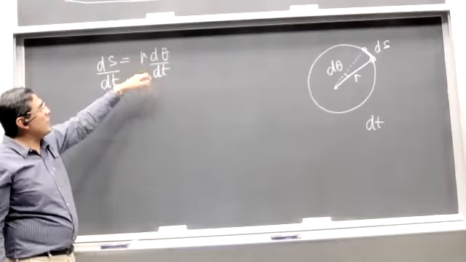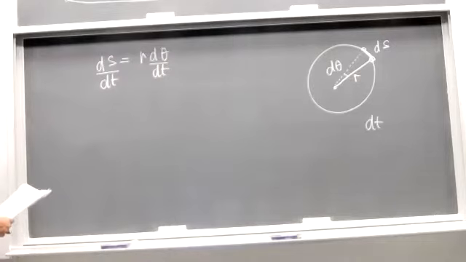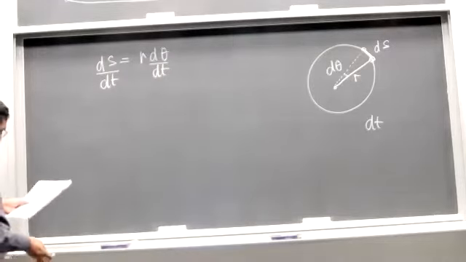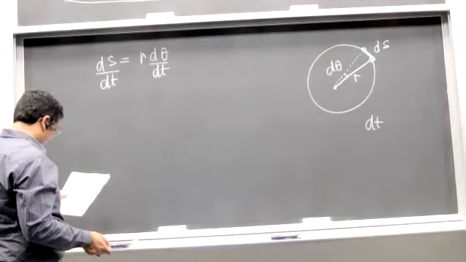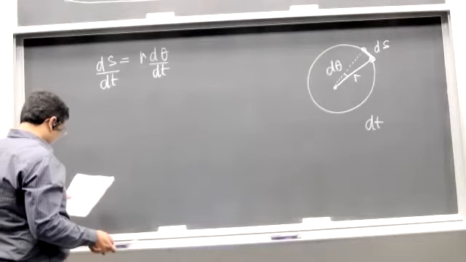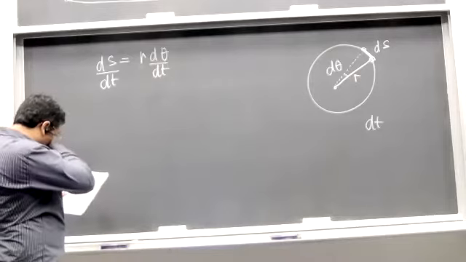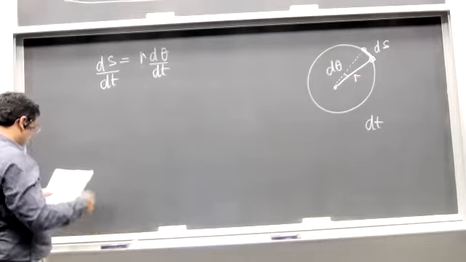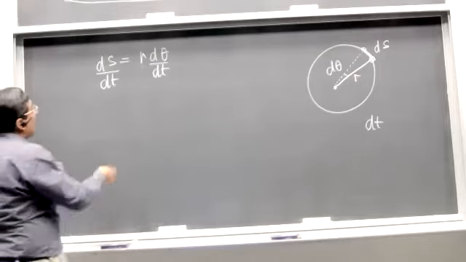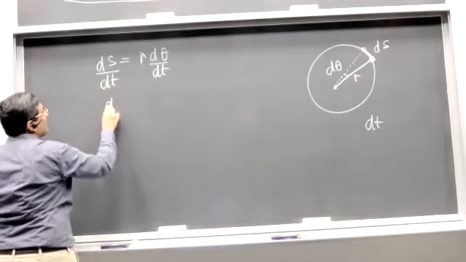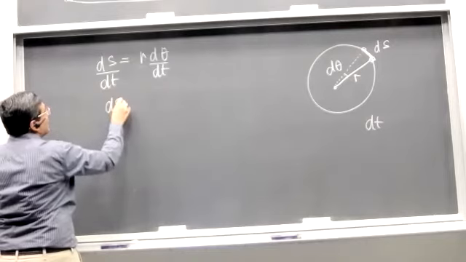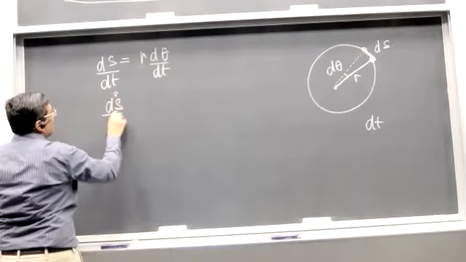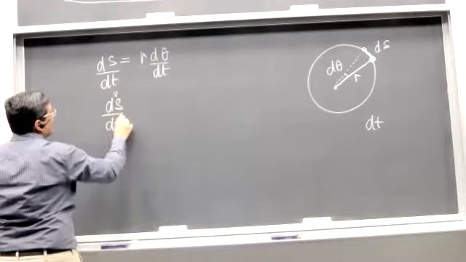And let's take another derivative of this. Okay, another derivative of this, d squared s over dt squared.